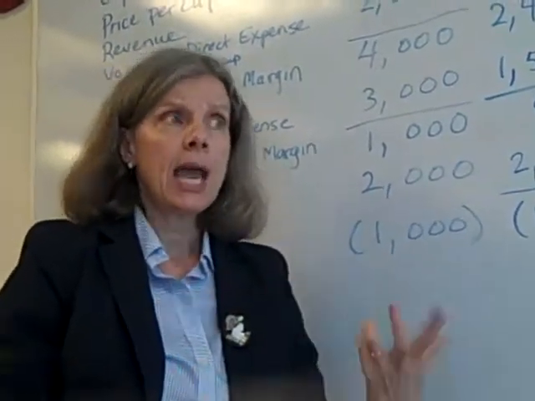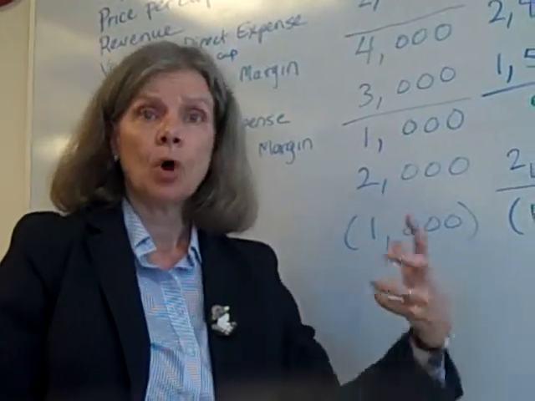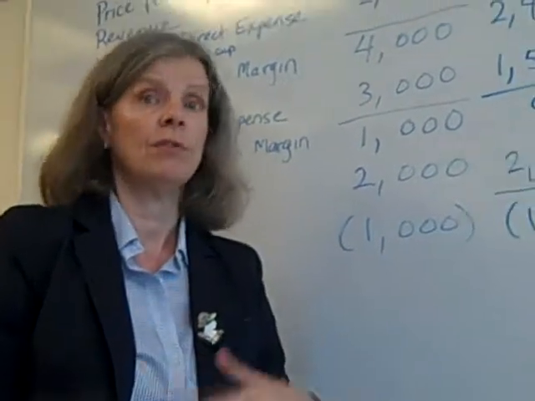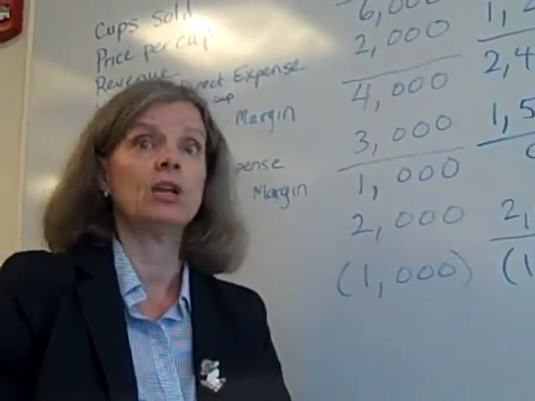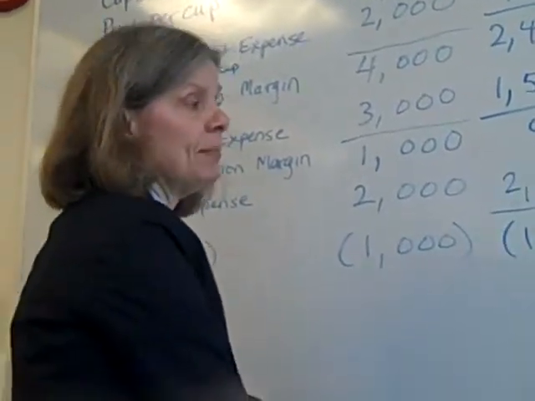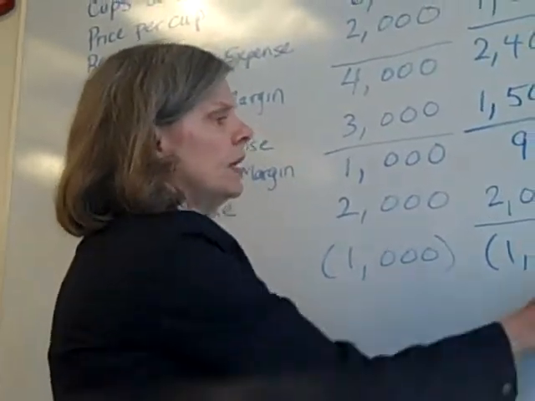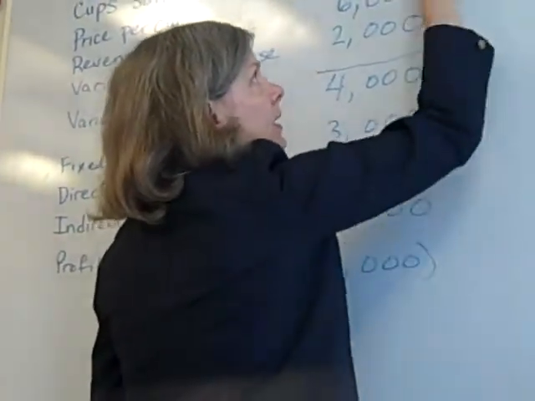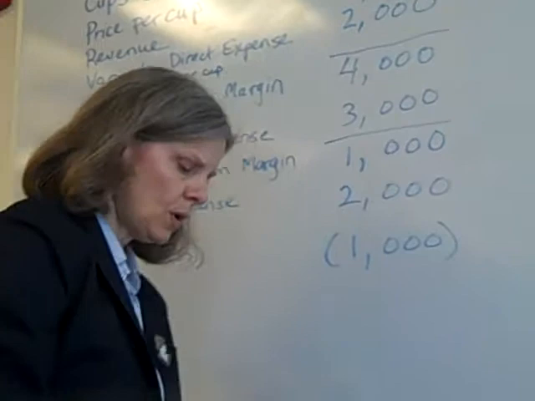It's saying, yeah, I'm covering some costs and contributing to the indirect costs of this organization. So in fact, you shouldn't shut down this stand. You should actually increase the volume for this stand and let me make more money for you. So that's one scenario. Let's do a second scenario to see what might happen.